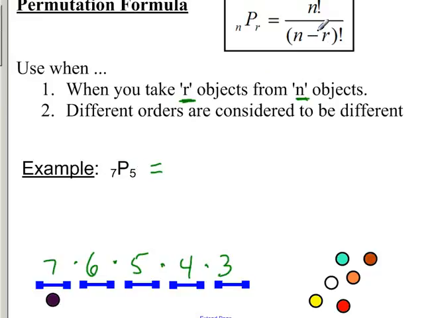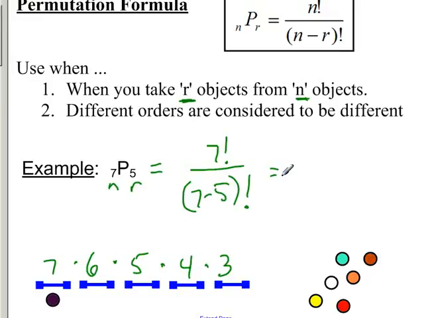So the formula says n factorial. Remember, n is the first number. So the formula says I get the first number factorial divided by parentheses n minus r, so it's 7 minus 5. 5 is the r. So it's 7 minus 5 factorial.